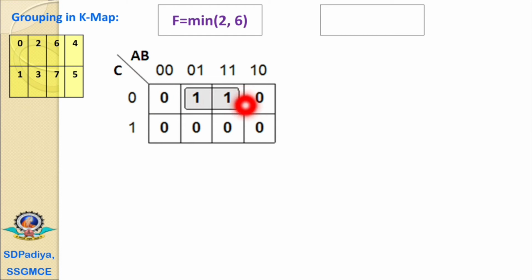Therefore, again I have written 1 in the cell whose designation is 6. It means in the cells of designation 2 and 6, we have written 1 1. Now, in the grouping, these 2 cells are adjacent, therefore we have formed a pair. This is a grouping. Now we'll see how to find out the minterm.